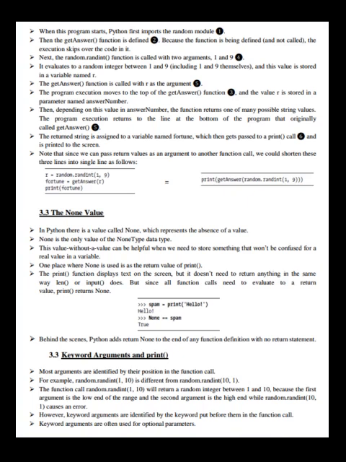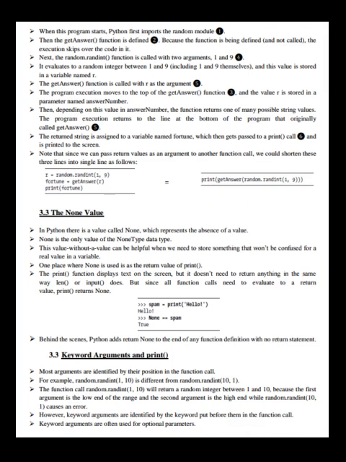The program execution moves to the top of the getAnswer function and the value r is stored in a parameter named answerNumber. Then depending on this value in answerNumber, the function returns one of many possible string values. The program execution returns to the line at the bottom of the program that originally called getAnswer.